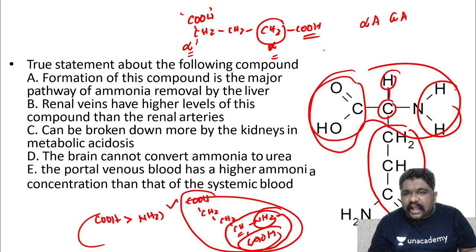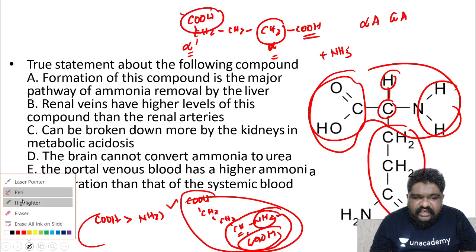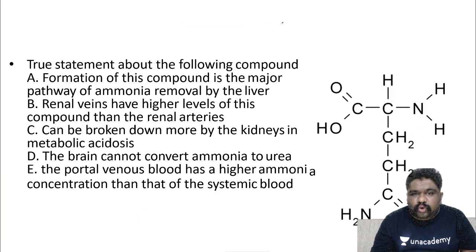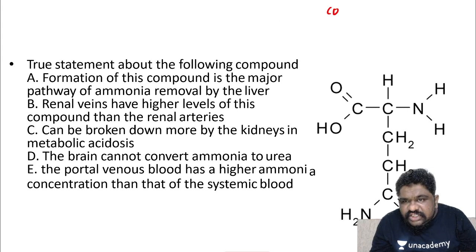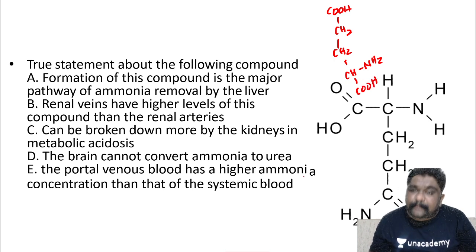Now what do I do? I attach one more ammonia to the compound. This ammonia will go back and attach to this particular COOH. Let me erase the annotations once again. If I redraw, we have COOH, CH2, CH2, CHNH2, COOH, called glutamic acid.